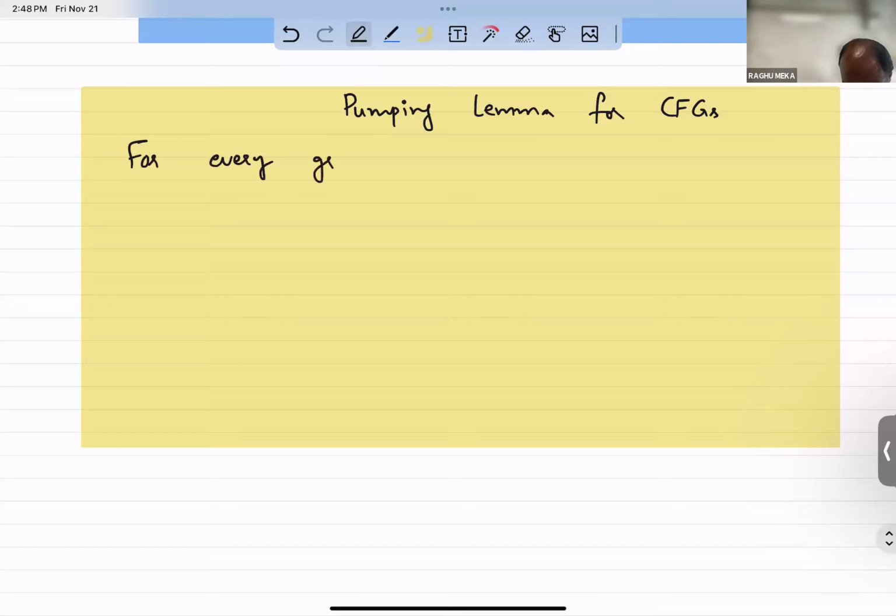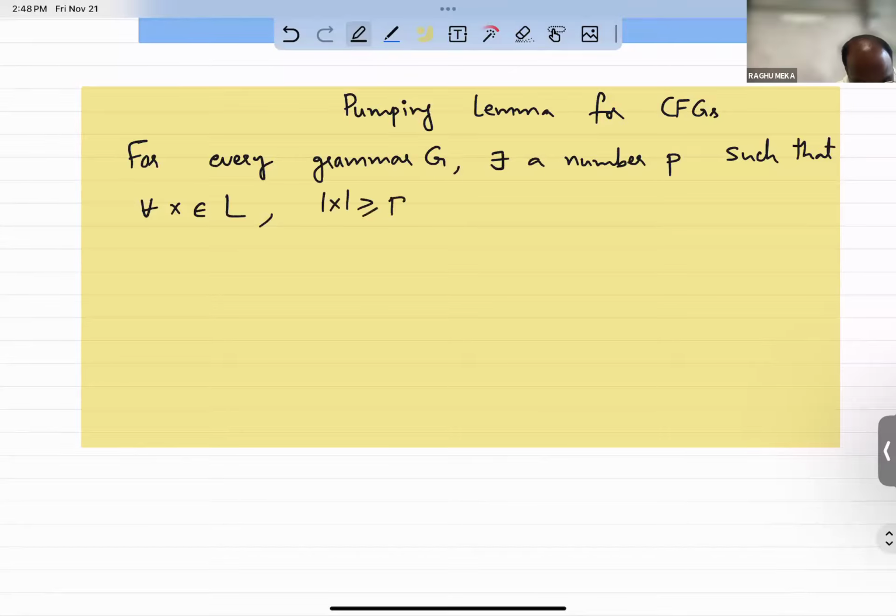For every grammar G, there exists a number P such that for all X in the language, the length of X is at least P, X can be broken up as something. This broken up piece is where it will differ.